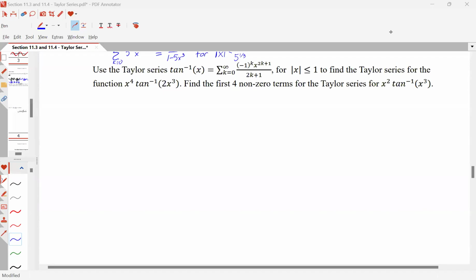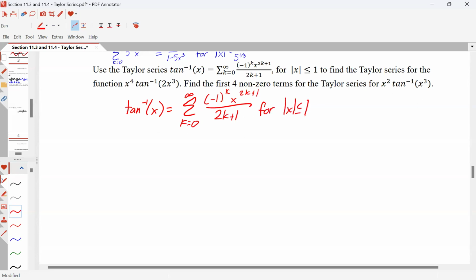Hello, in this video, we're going to take a look at another example of manipulating Taylor series. We are given a Taylor series. We know that tangent inverse of x is equal to the series, k equals 0 to infinity, of (-1)^k x^(2k+1) over 2k+1, for the absolute value of x less than or equal to 1.